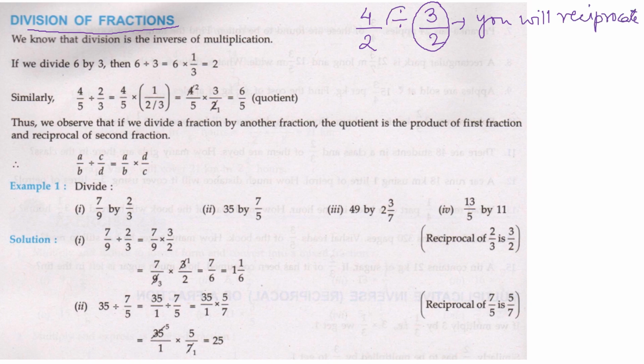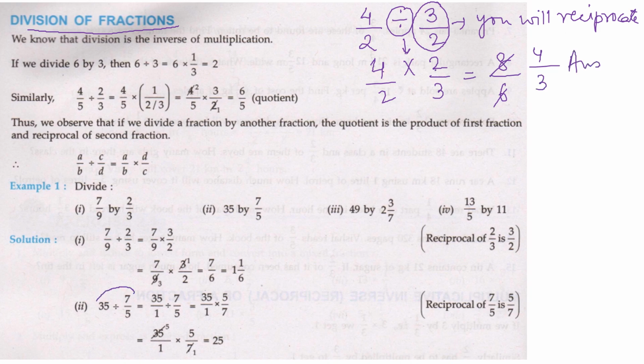Okay. And the division sign will be changed to multiplication. Look here. 4 by 2 into 3 by 2 will become 2 by 3. Now as you multiply, 4 into 2 is 8, 3 into 2 is 6. This can be further reduced as 2 4s are 8, 2 3s are 6. So the answer is 4 by 3.